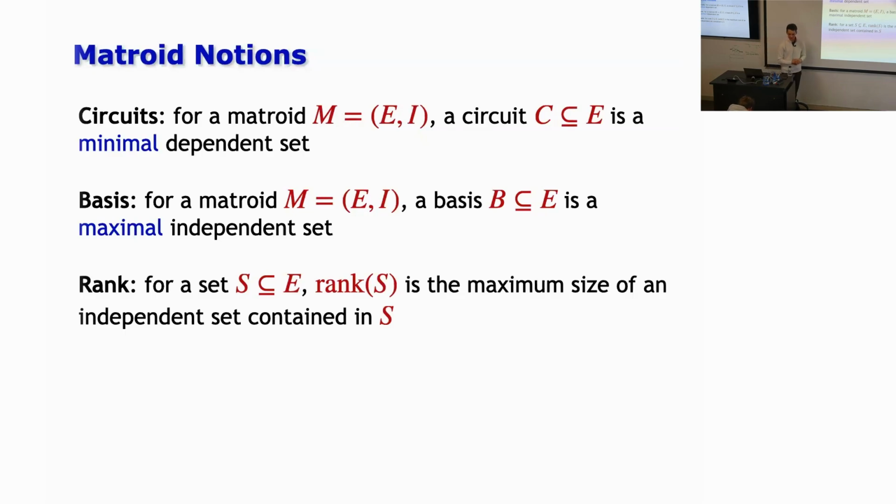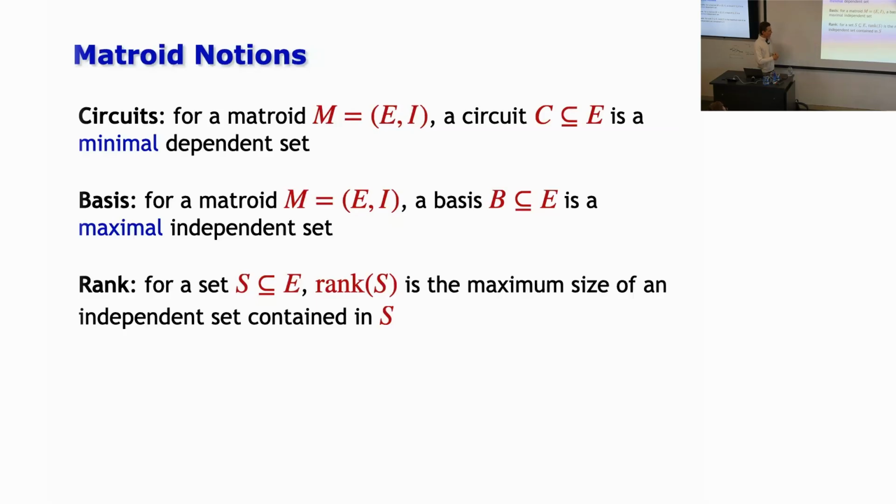And the last notion that I'm going to mention is the rank of a matroid. So again, you're given your matroid, and you're looking at a subset S of elements. The rank is the maximum size of an independent set contained in S. Equivalently, it's the size of any basis of that set of elements S.